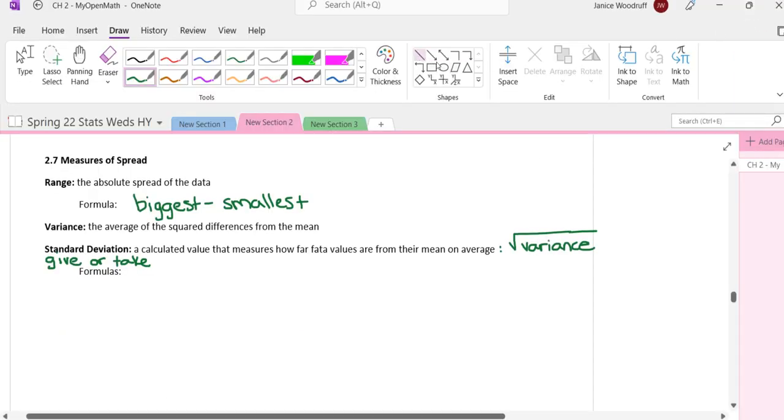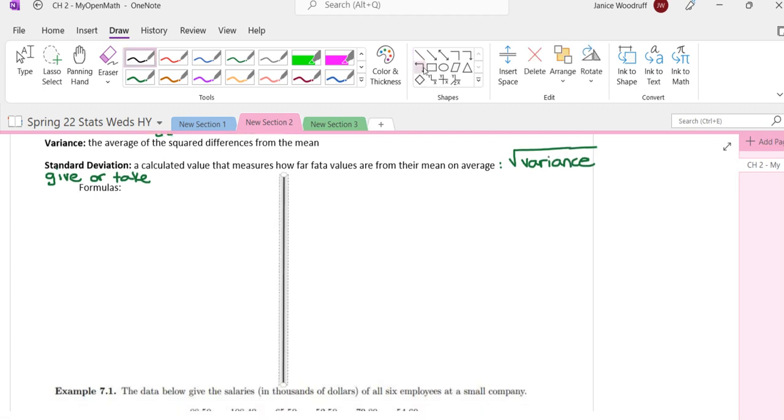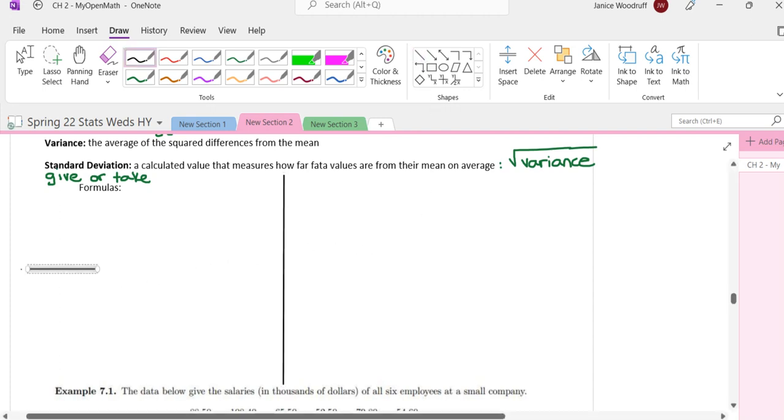They're a bit overwhelming when you first look at them, so don't be scared. There's 4 different formulas here for standard deviation because we have to sort data on whether it's going to be a sample or population and whether it's going to be grouped or ungrouped. So I'm just going to kind of separate this here.